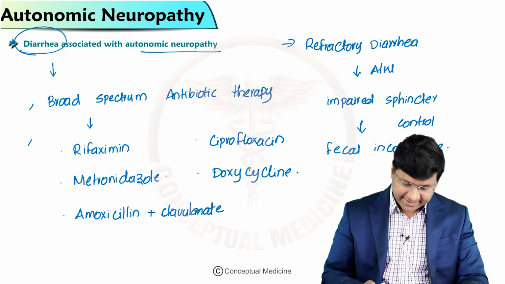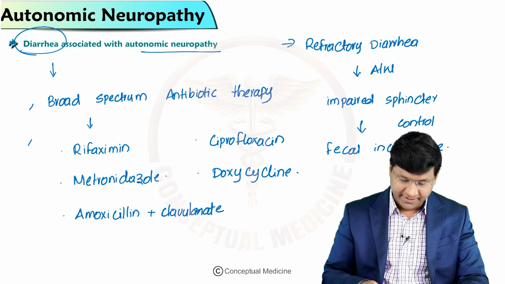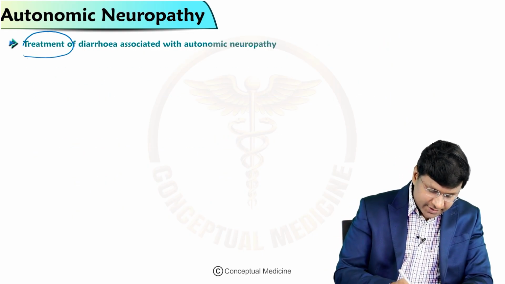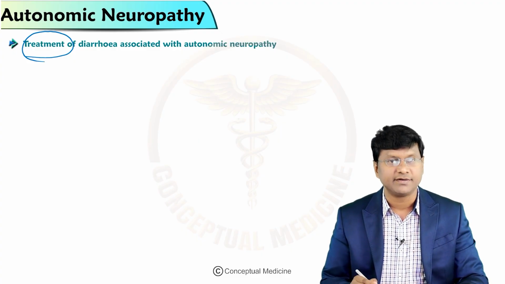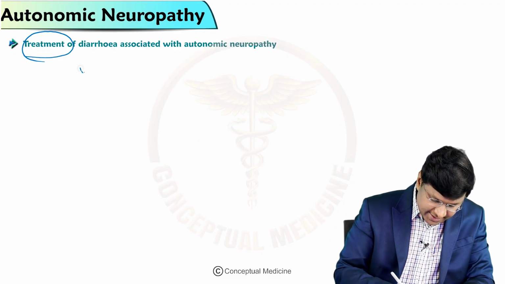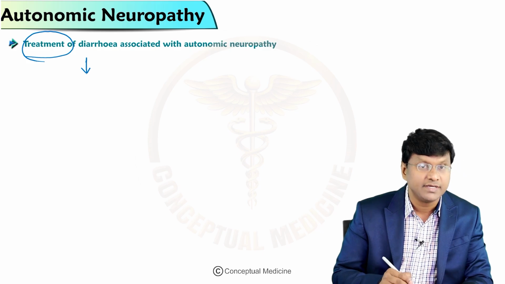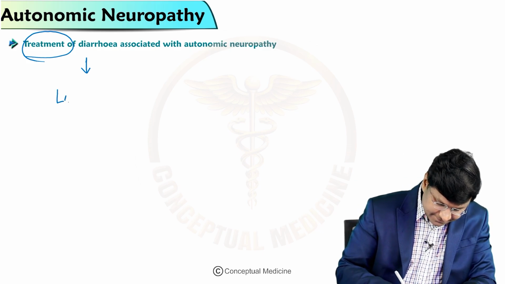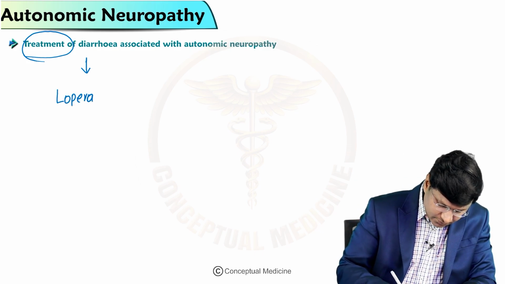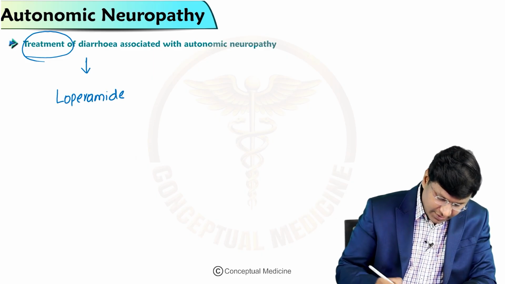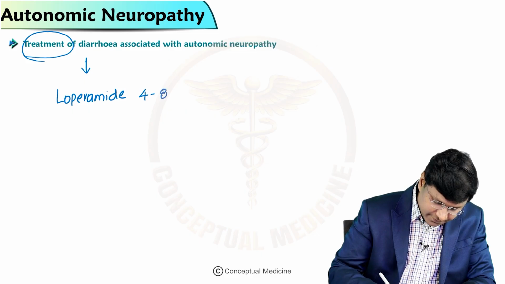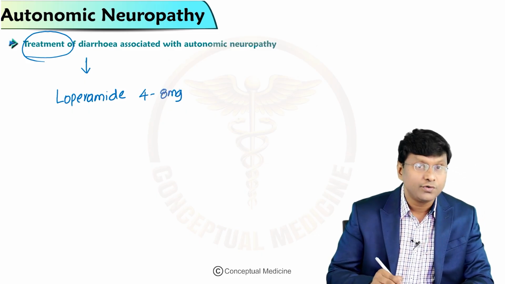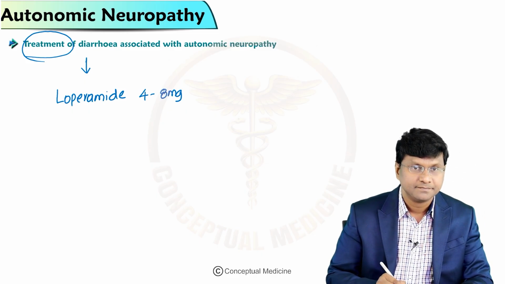Now, apart from antibiotic therapy, the other group of drugs that can be given for the treatment of diarrhea is anti-motility drugs. And these anti-motility drugs include loperamide. This loperamide is given at a dosage of 4 to 8 milligrams daily.